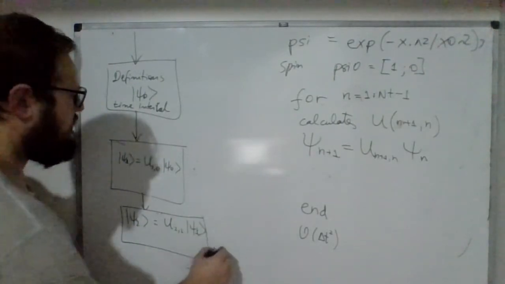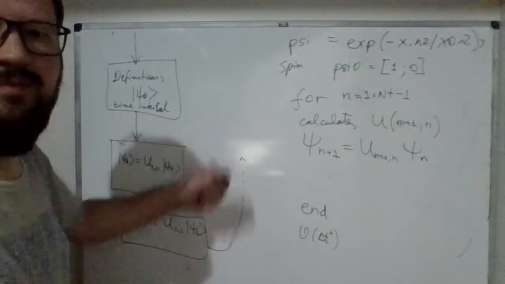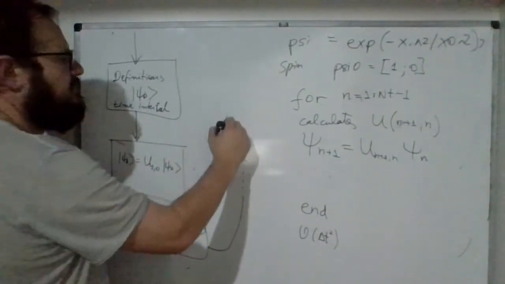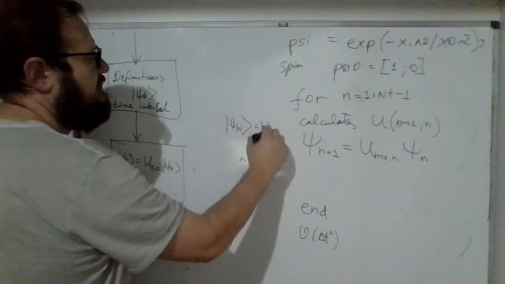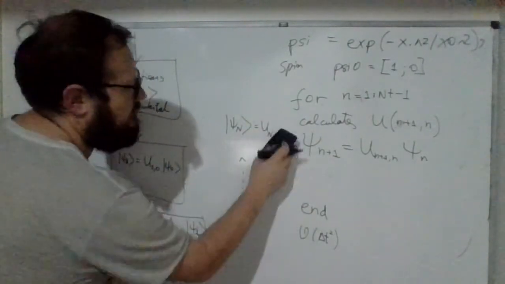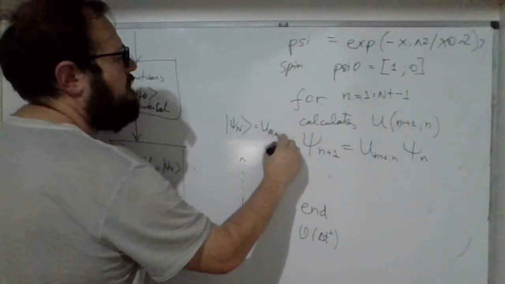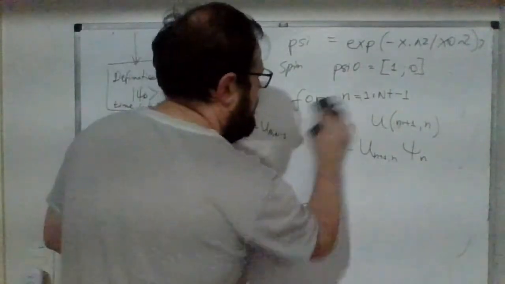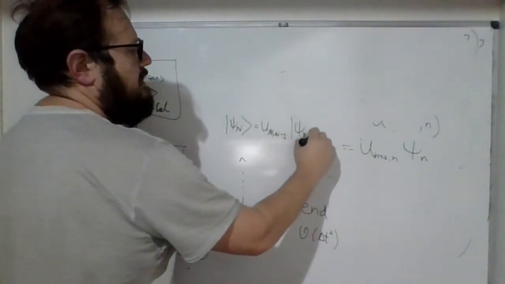Right? And then you do the number of steps till you reach your final n, which is the evolution operator connecting this n to the previous one, the n minus 1.